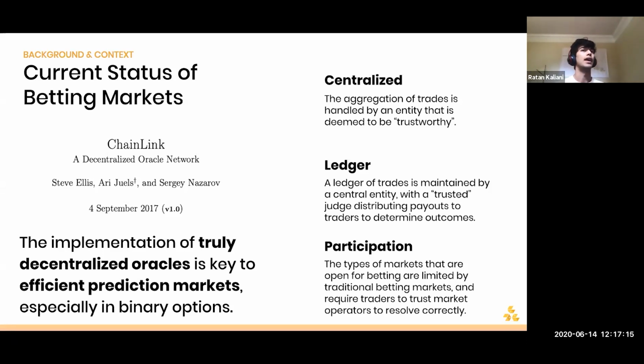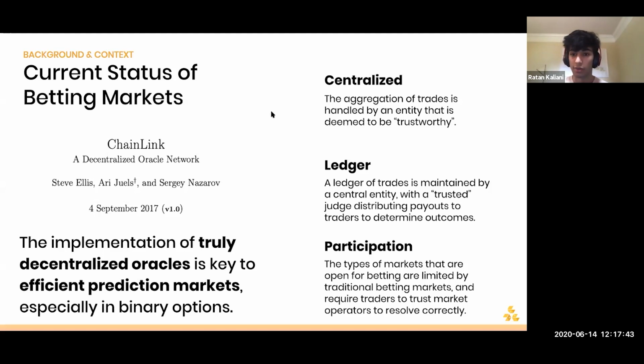Say I say that the Patriots are going to win the Super Bowl versus the Rams or whatever. With Augur, it'd be completely crowdsourced by reporters reporting on that information off the internet, off of reliable sources. And so it enables a completely decentralized oracle that's entirely reliant on the peer-to-peer users. This is all held in-house on the platform, but it's also accessible to other platforms as well. And that's an issue that I'll dive into later.